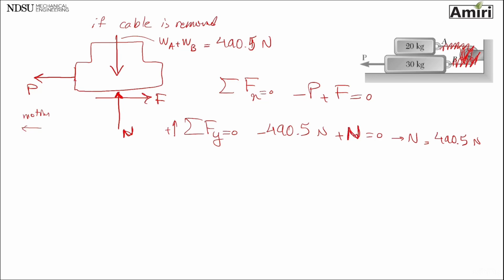It's kind of confusing, but this is newtons. The other one is variable and normal force. Once I know that, impending motion, I can write 0.4 mu N. This is my friction force.